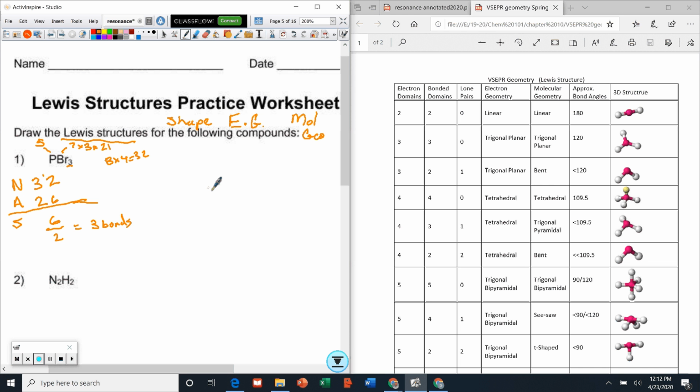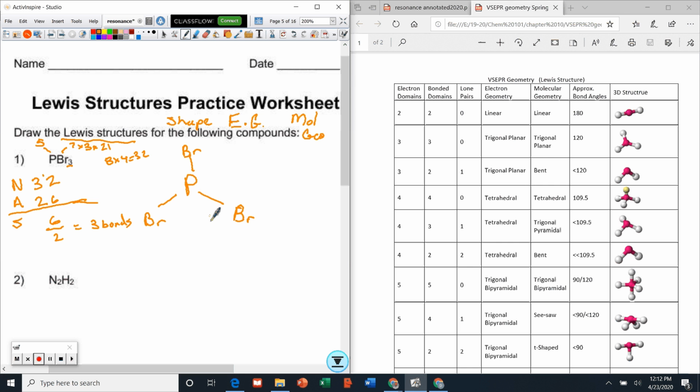I'm going to put my phosphorus right here. And then I'm going to spread my bromines out equal distance around the phosphorus. All right, really doesn't matter where you put them.